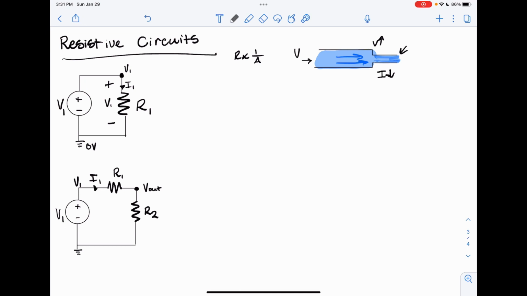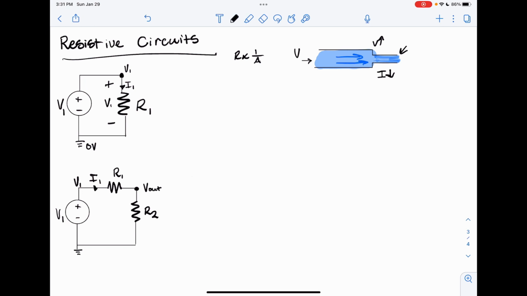Now, first we're going to attack these symbolically, as I'm a firm believer that doing things symbolically is the best way to learn them and the best way to derive formulas. So let's go ahead and take a look and see if we can figure out a formula using what we know that would give us the current through R1.